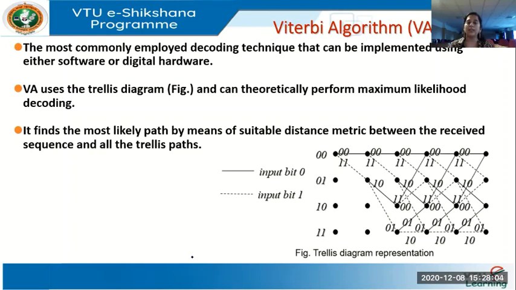So it finds the Hamming distance between the received vector and each of the trellis paths, and it will arrive at the minimum distance. Minimum distance means maximum likelihood. So wherever there is minimum Hamming distance between the received vector and the trellis path, that would give us maximum likelihood decoding.